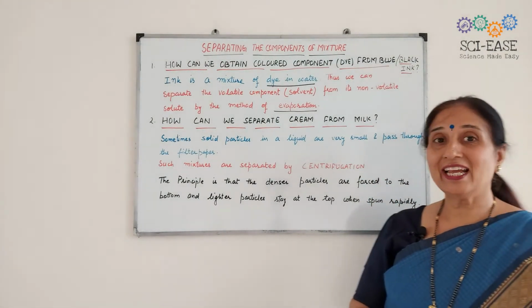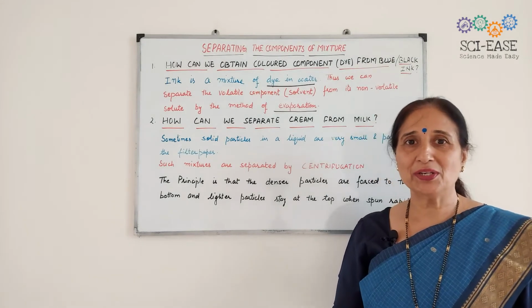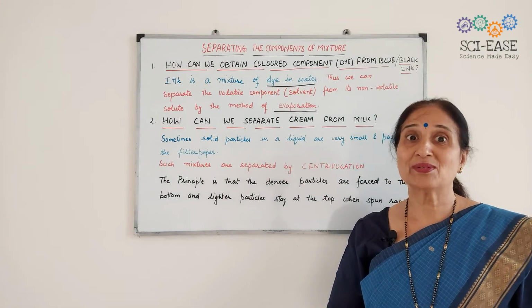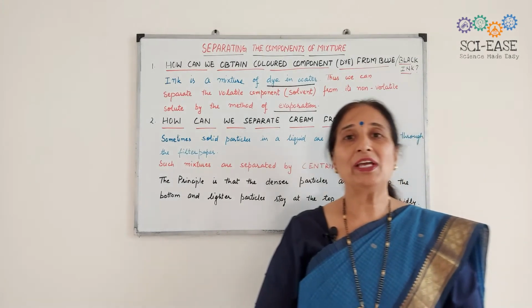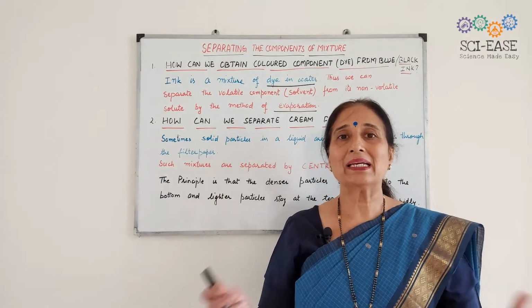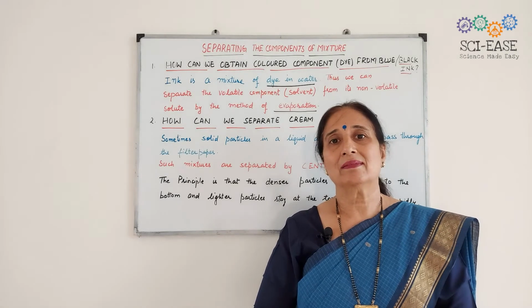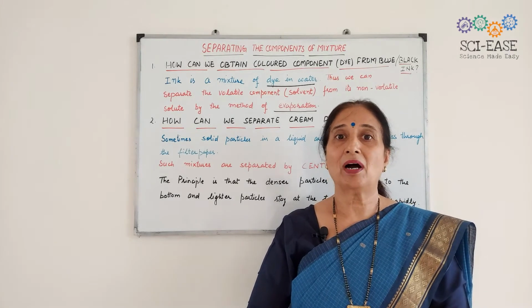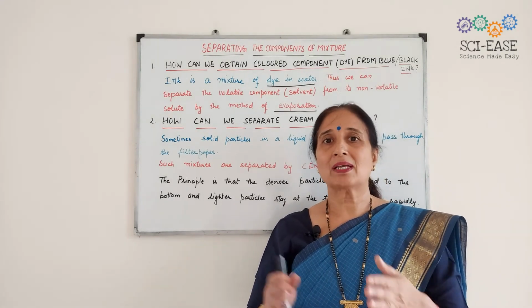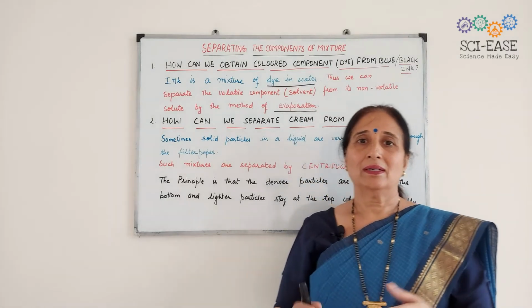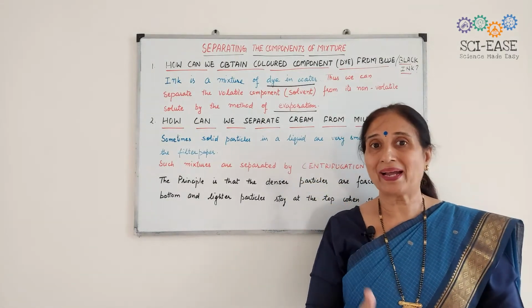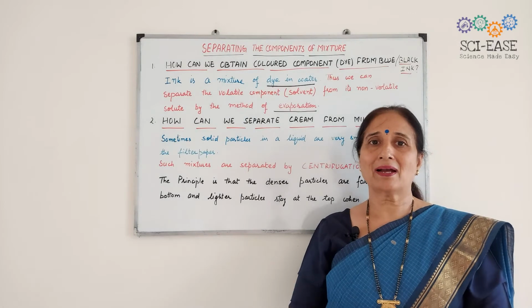Now I will take one example which you come across in your day-to-day life. We know that there are a variety of milks in the market. Some are full cream, some are toned, or they are in packets or in Tetra Pak.